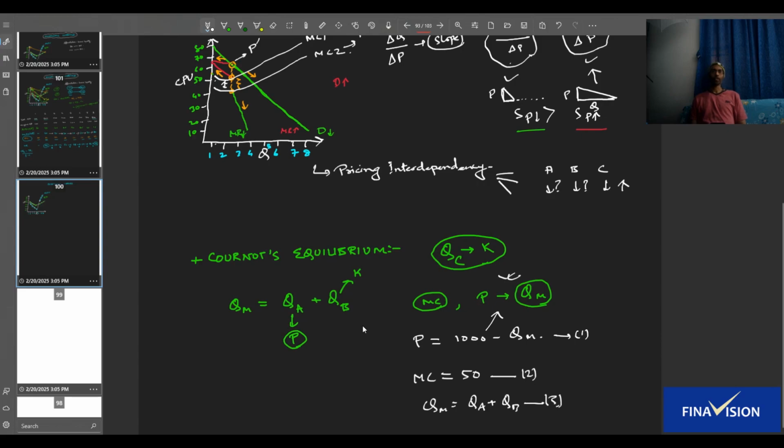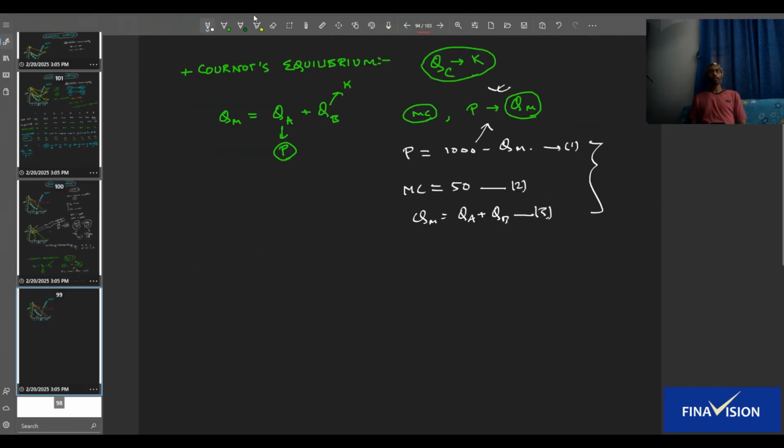Now, based on these three equations, we will try to understand the price that A should sell at. From these three equations, friends, we can derive the total revenue of A and B. So total revenue of A is equal to P into QA. This is equal to (1000 minus QM) into QA.